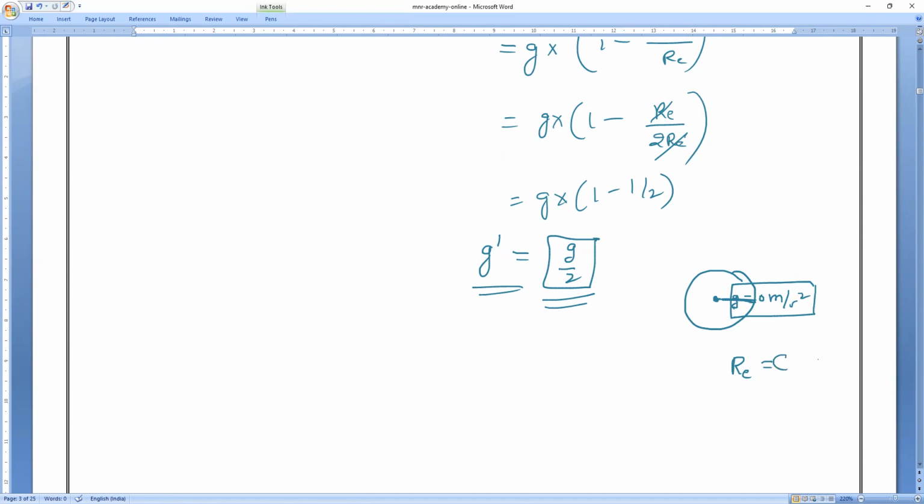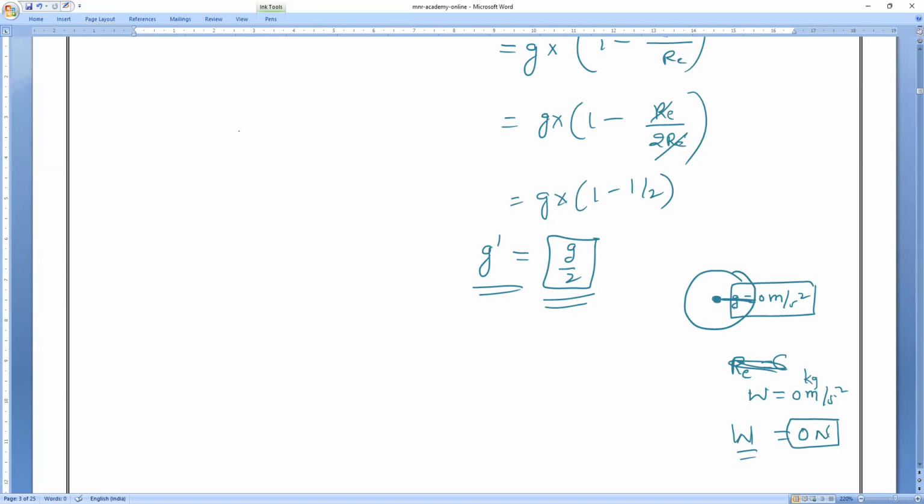You have to be very careful. Once it reaches the center, the force of attraction, or the weight of the body, is equal to 0 newtons. That is what you have to remember. Clear?